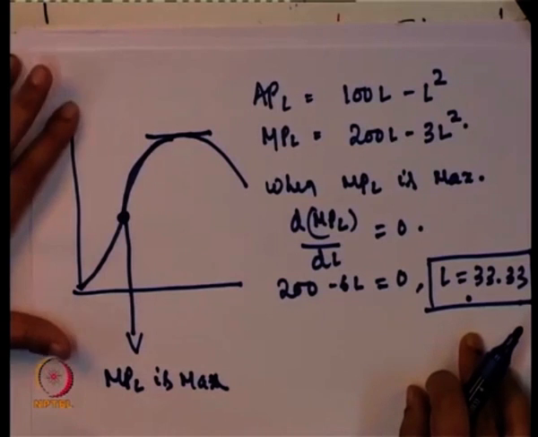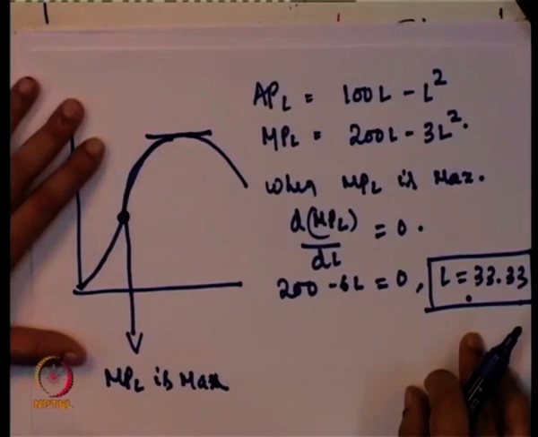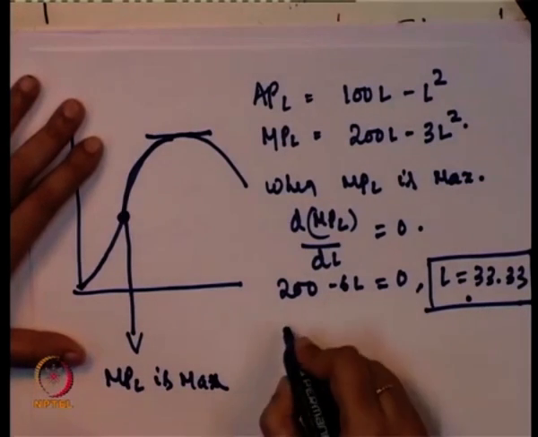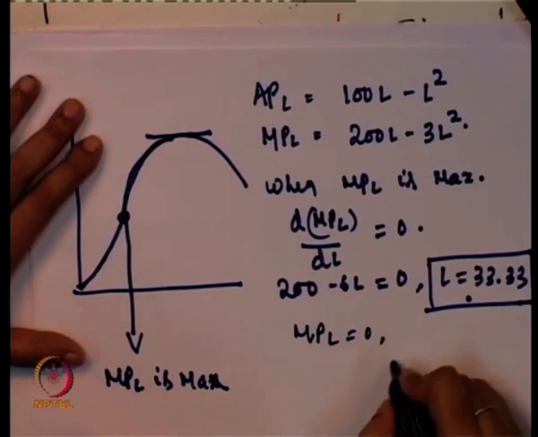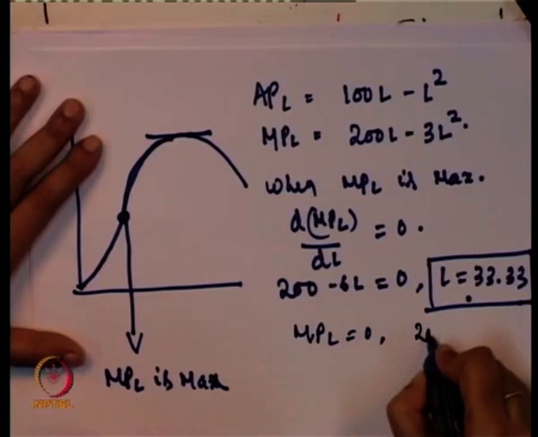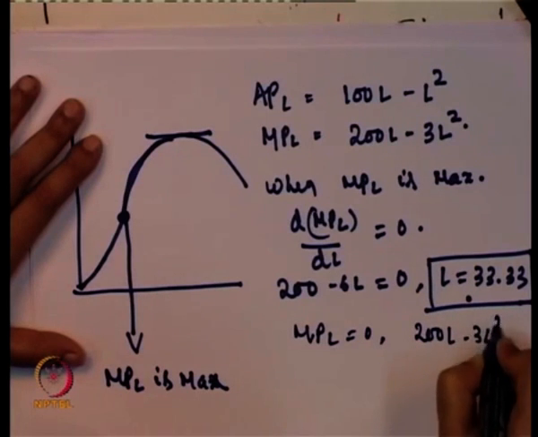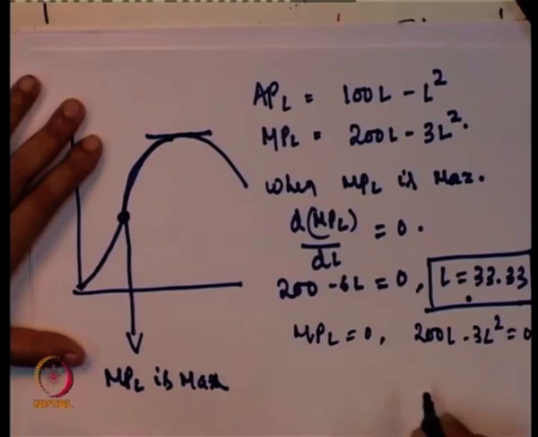Then the second point we will look at is when MPL is equal to 0. MPL is equal to 0 when 200 L minus 3 L square is equal to 0.